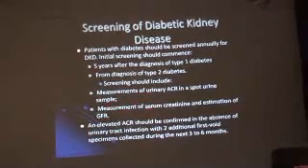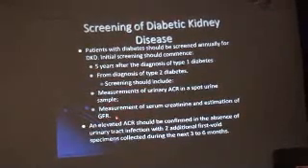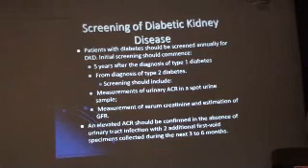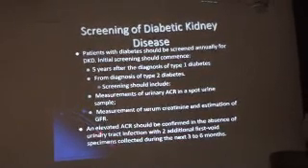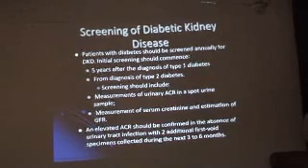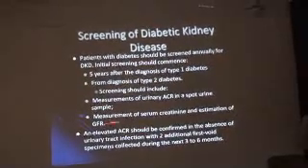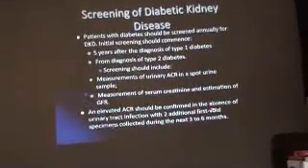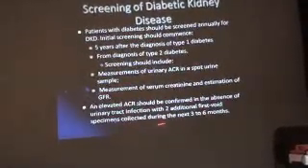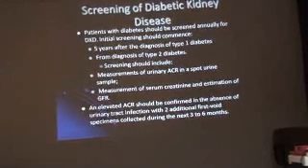And measurement of the serum creatinine and estimation of the eGFR is important. So the message is, don't look at the creatinine only, look at the estimated GFR as well. And if it is less than 60, it should prompt a referral to the nephrologist. Elevated ACR should be confirmed in the absence of infection with 2 additional first morning specimens collected during the next 3 to 6 months.